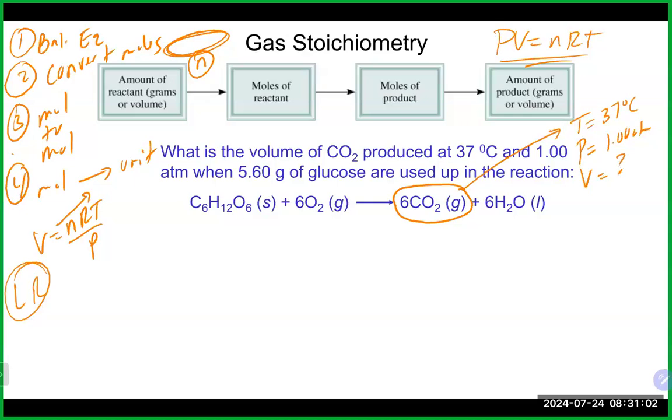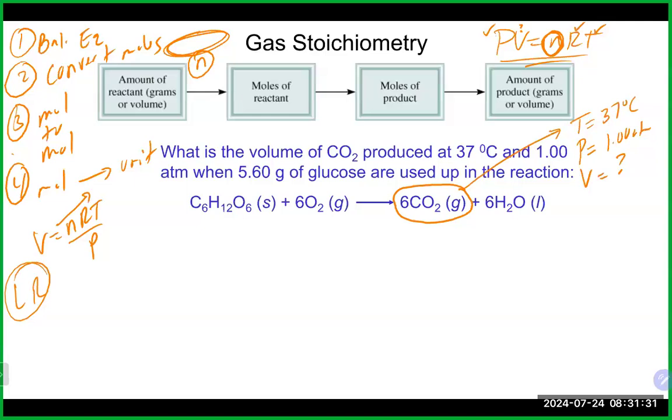If we look at our ideal gas law, we're looking for volume, we do have the temperature and the pressure, and we always have our R. The one thing we're missing in order to solve is the moles of CO2. That's where the stoichiometry part comes into play. We need to do a basic stoichiometry problem to figure out the moles of CO2, and then we'll go into the ideal gas law.